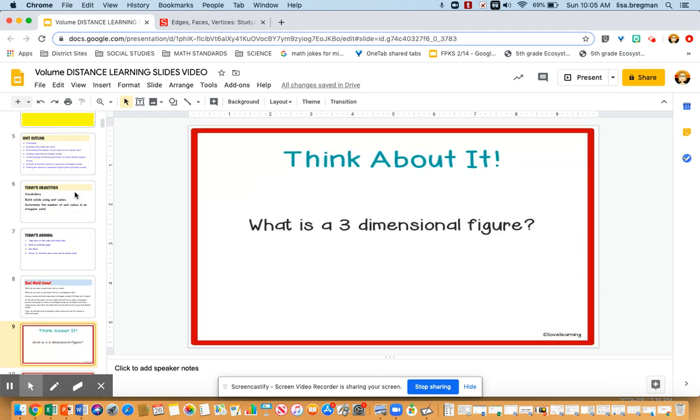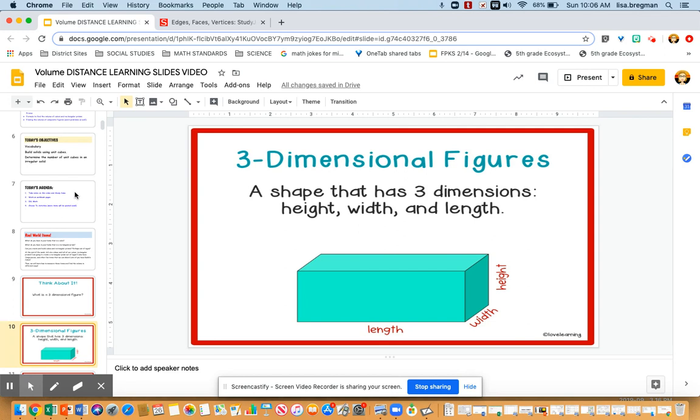And then we'll learn how to measure these items and find the volumes in different ways. So think about it. What is a three-dimensional figure, which is what our focus is on today? A three-dimensional figure is a shape that has three dimensions: height, width, and length, or length, width, and height. This shape right here is actually a rectangular prism.